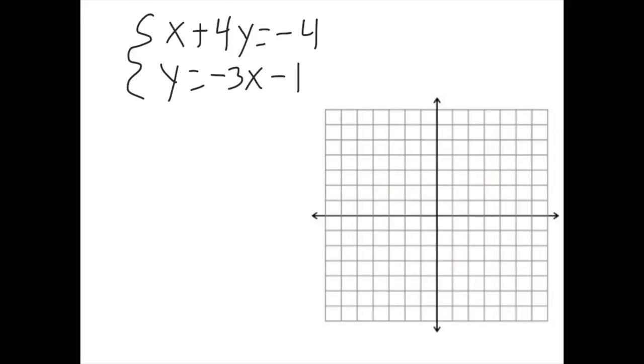Alright, so next we have two equations again, but notice the first one is not in slope-intercept form. To be able to do this by graphing, we need to change it into slope-intercept form. So let's rewrite it. We have x plus 4y equals negative 4.